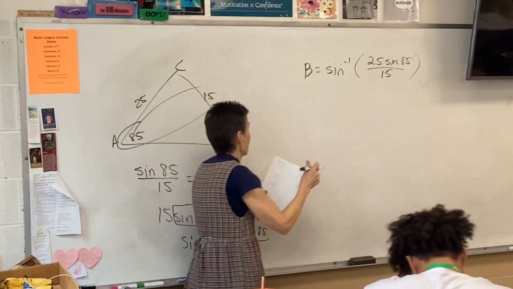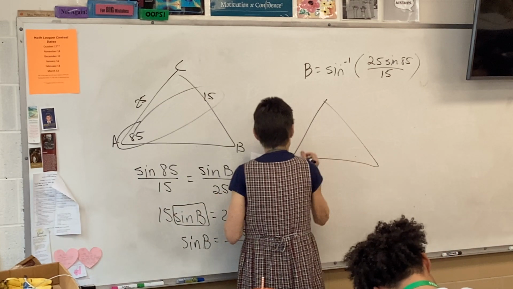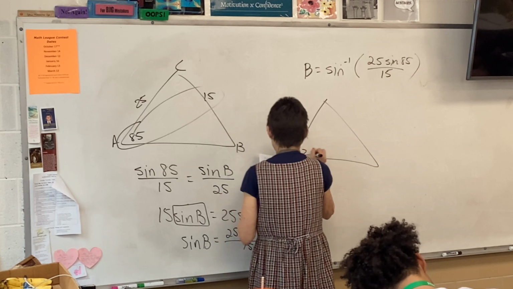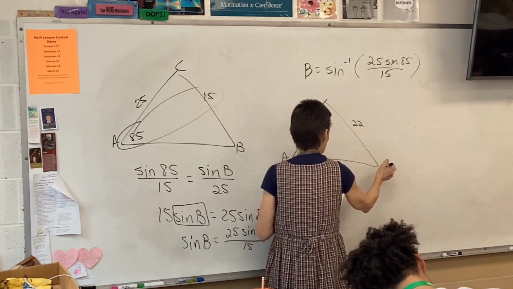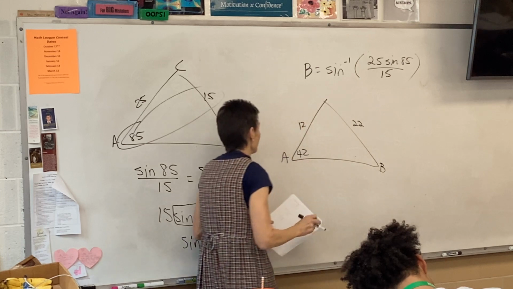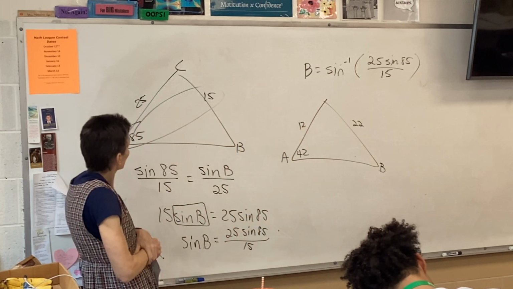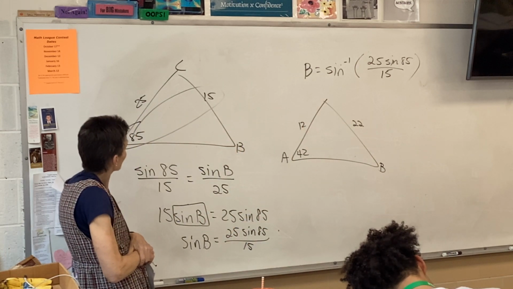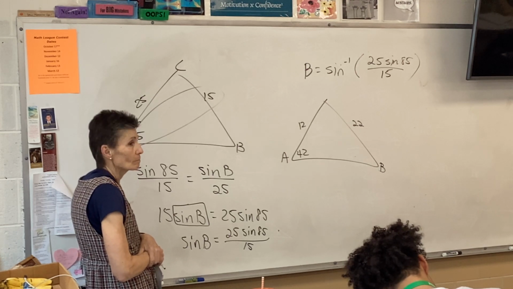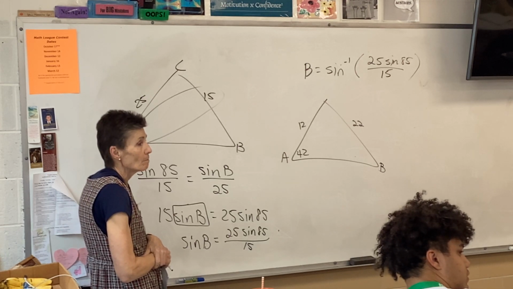Noah, you said something earlier about looking at the angle and the side, and how the lowest angle has to have the lowest side. Could we look at the 85 and the 15 and infer that before working it out?